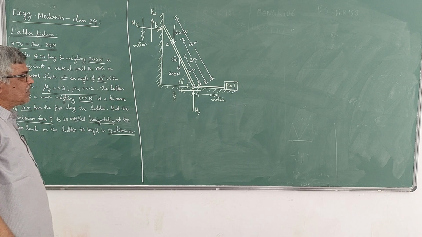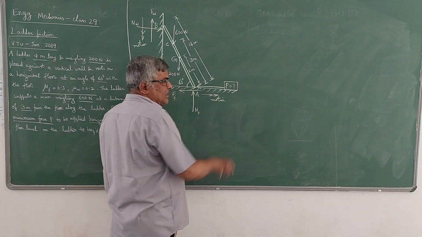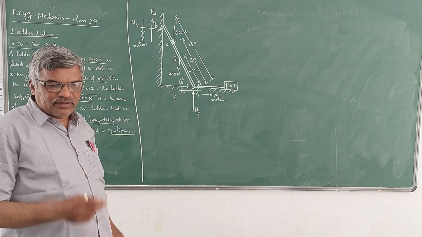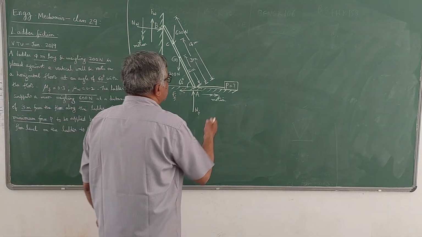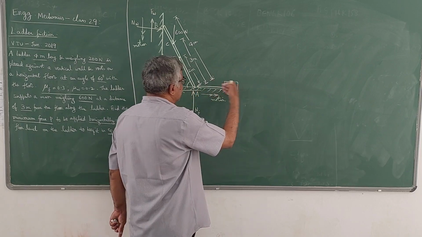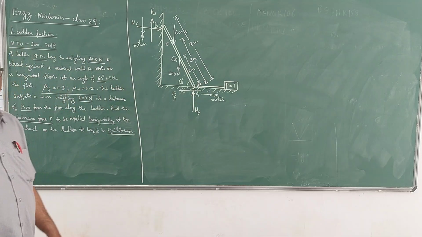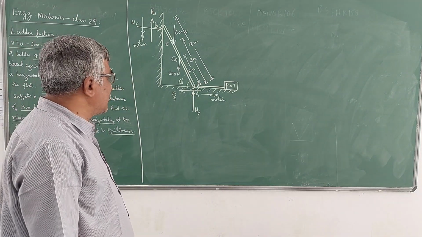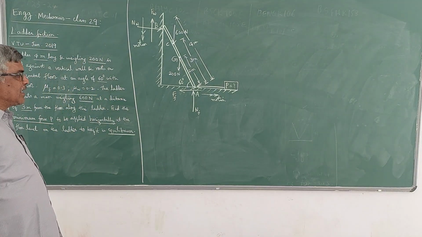The tendency of the ladder is to slip down and move towards right here. Since the movement of the ladder has to be avoided, the force to be applied should act in the direction opposite to the direction of the motion. So we have to find this minimum value of P that is required to avoid the slipping of the ladder, or in other words, that is required to keep the ladder in equilibrium.